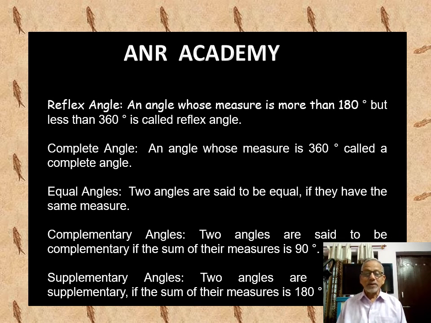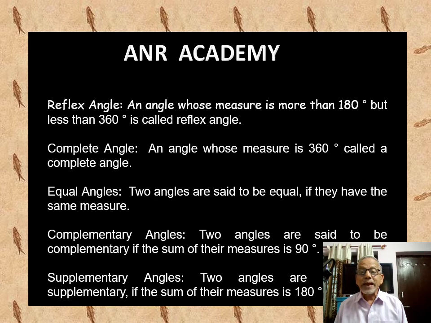Next, complementary angles. What are complementary angles? Two angles A and B are said to be complementary if the sum of their measures is 90 degrees.